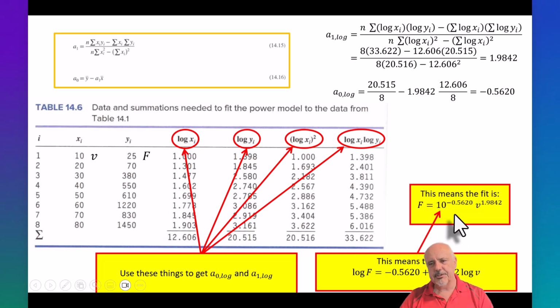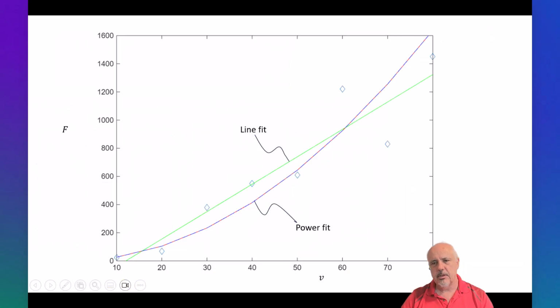If I put this together, this is going to be my alpha 2, my x is my v, and then I have my beta 2, which is the exponent, the slope here.